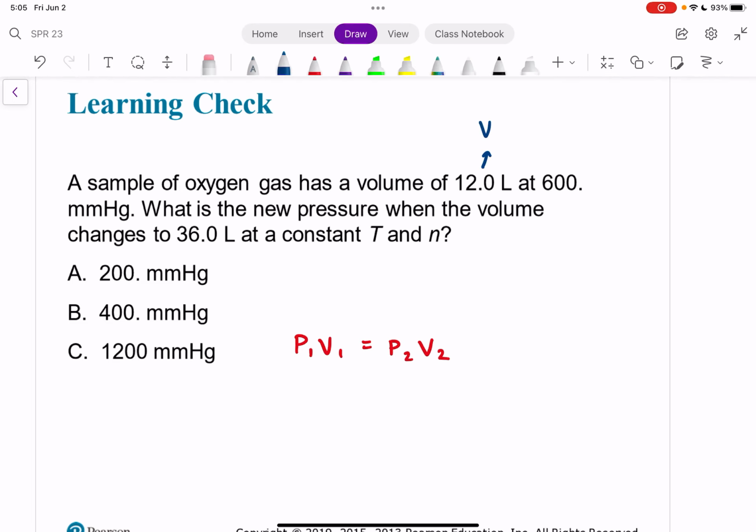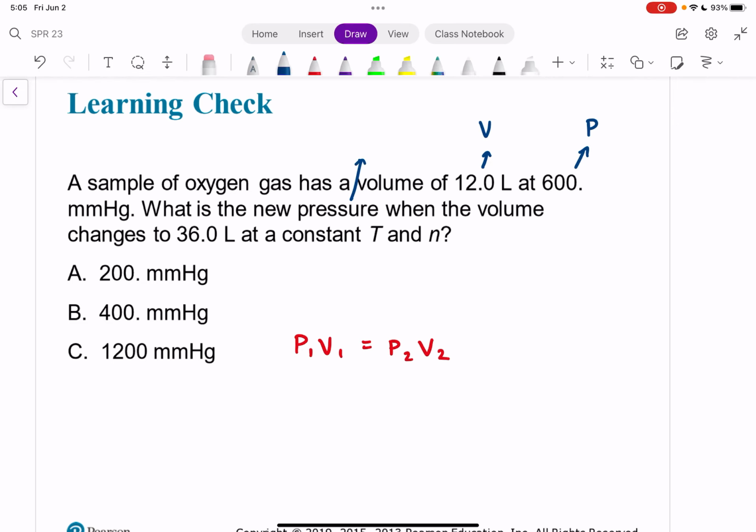I have pressure, right? This is 600 mmHg, millimeters mercury. That's units of pressure. How did I know it was volume? If they didn't tell me, I would look at the units: liters is a unit of volume. So I have a volume and a pressure, and then I have a new pressure.